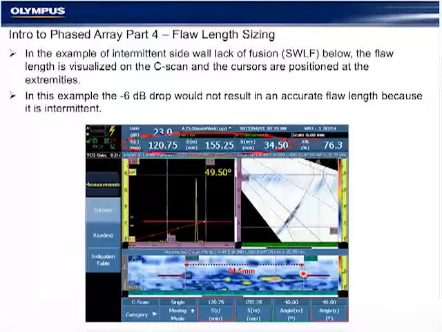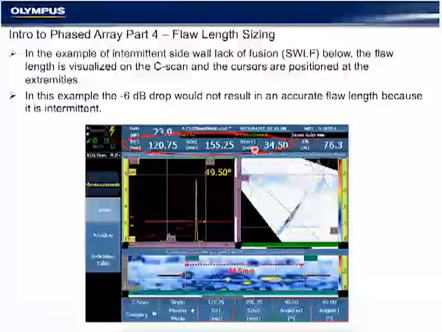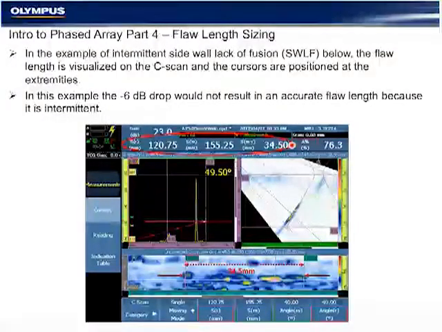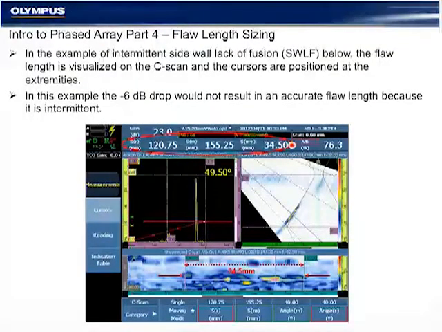So the rulers associated with this, or cursors, are the scan axis reference, red, scan axis measure, and then we have a reading that shows us the delta between the two. So the operator determined the start position at 120, the stop at 155, and the delta between the two at 34.5.